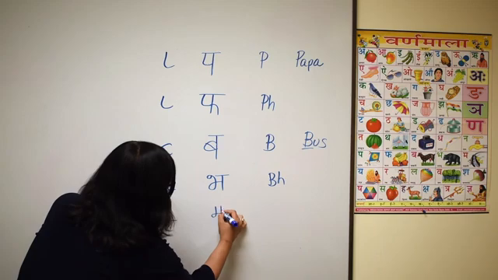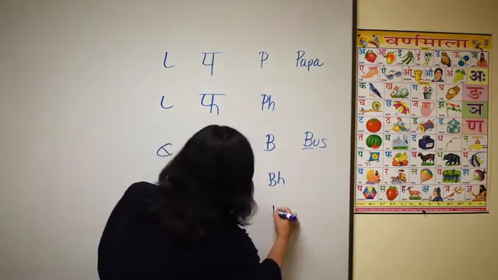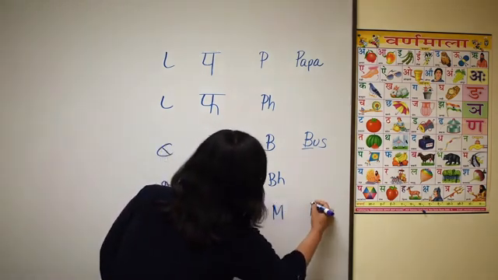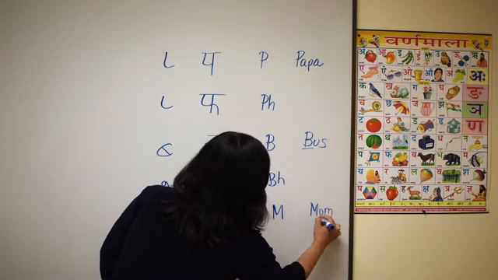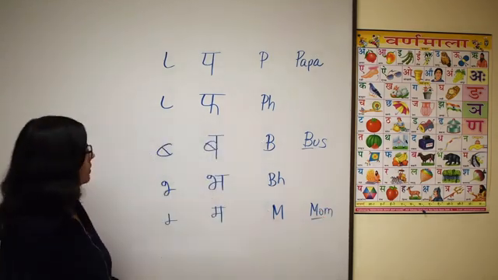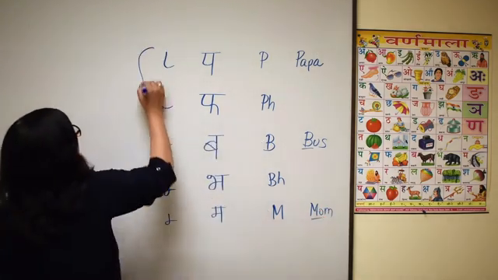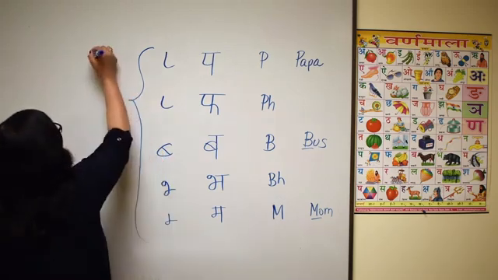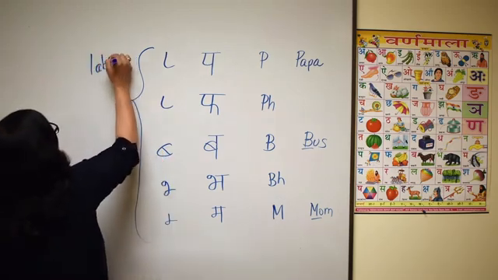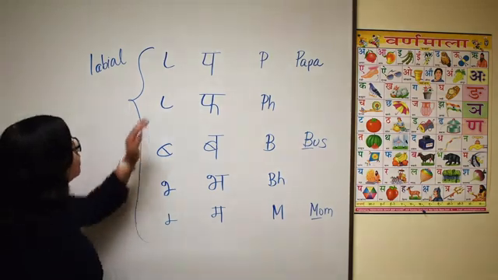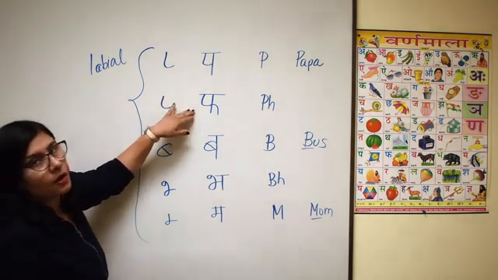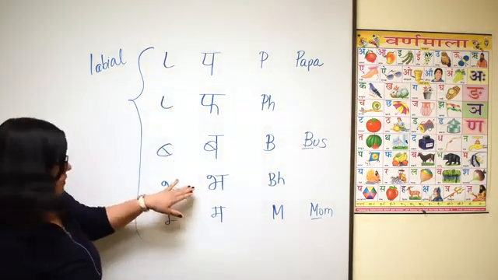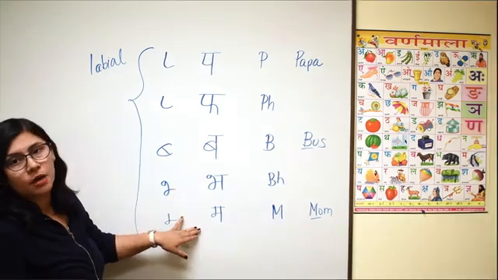Ma. And that's our M. Okay, as in mom. Okay. So these are our labial consonants. Okay, pa, pha, ba, bha, ma.